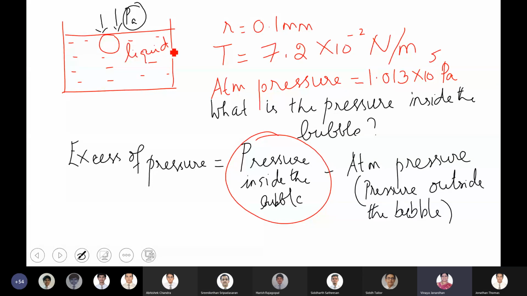Now look at the air bubble. Outside the bubble, you have liquid. Inside the bubble, you have air. So it has only one surface exposed to air. Suppose you consider a soap bubble.